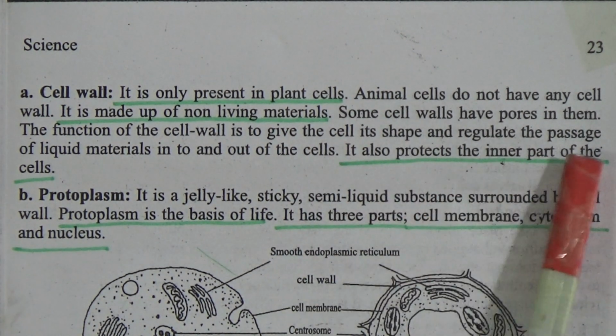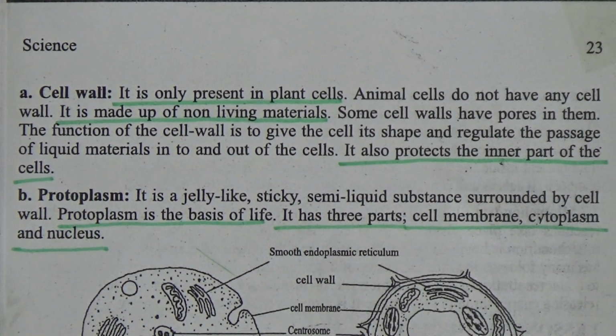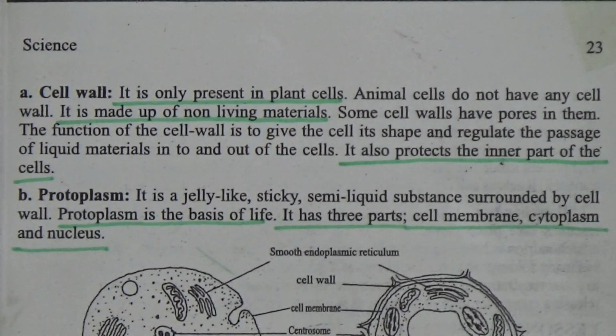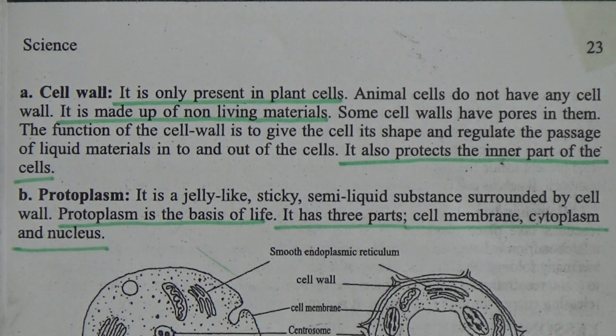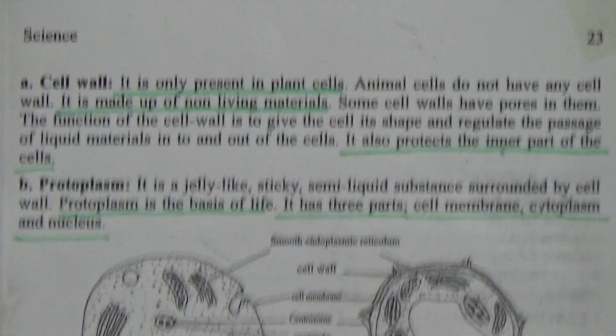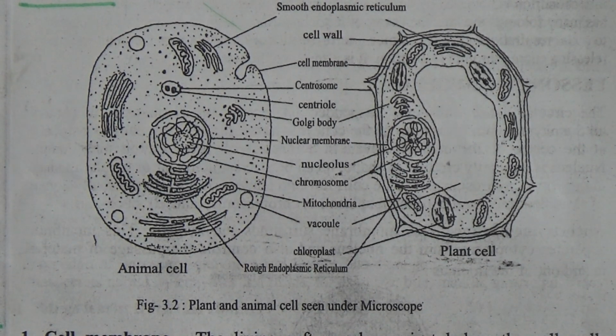It also protects the inner part of the cell. In an animal cell there will be no cell wall, but in a plant cell there will be a cell wall. It protects the inner parts of the plant cell, and it helps liquids go in and out of the cell.